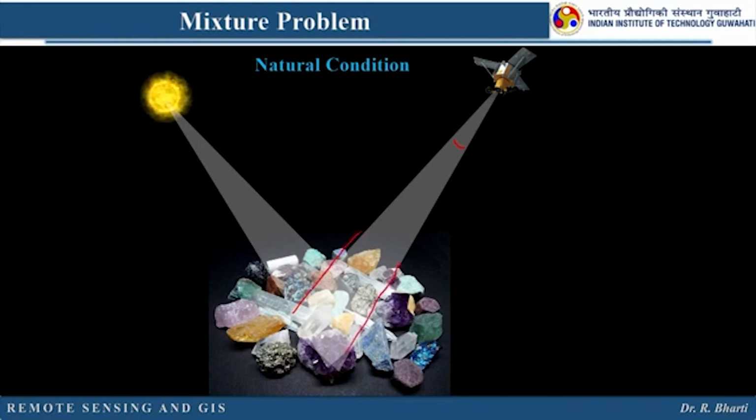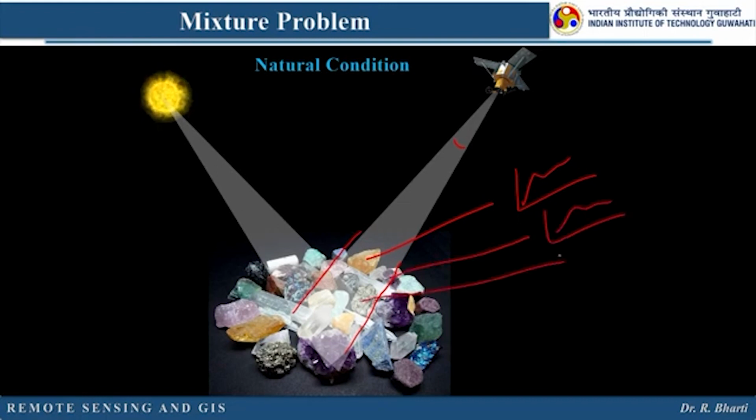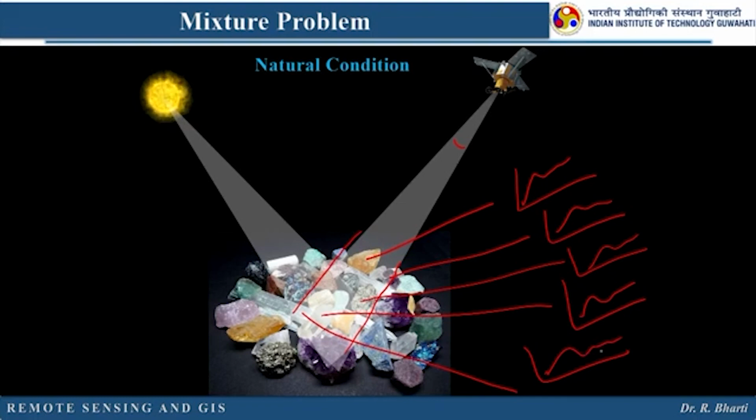So, what will happen? You will get one spectral response for this, another response for this, here for this, here for this, right. So, like that you will have all the unique spectral responses of these materials which are falling within the field of view, but actually we are getting only one value for this pixel, right.